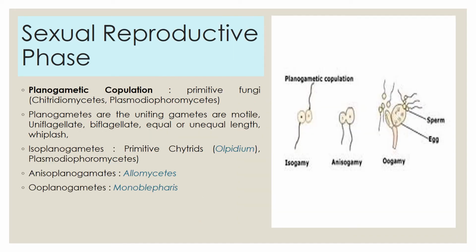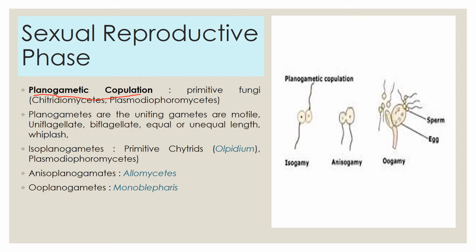It is of three types: planogametic copulation, gametangial contact, and gametangial copulation. In the planogametic copulation, the gametes are released in the water and there the gametes undergo fusion.